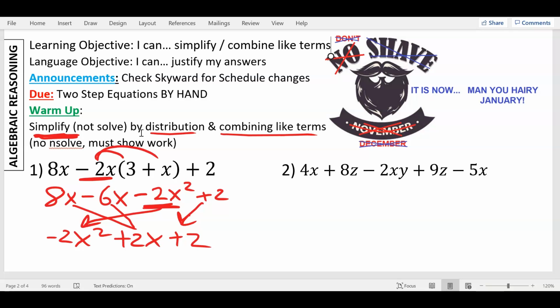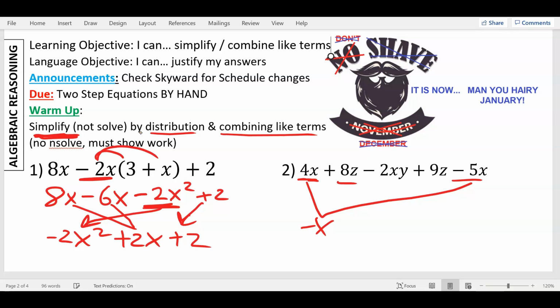So let's do that. First term, 4x combines with what? All right, so 4 minus 5. What do we get? Negative 1x, which usually is just written as negative x. Cool. Start with those z's.